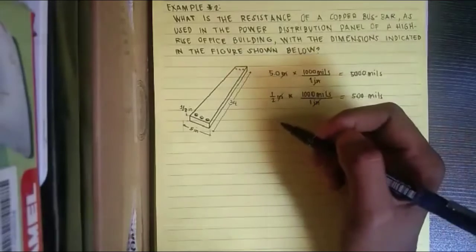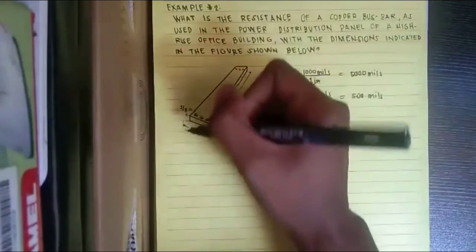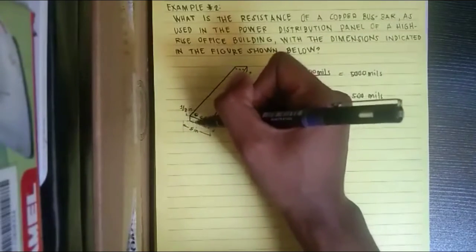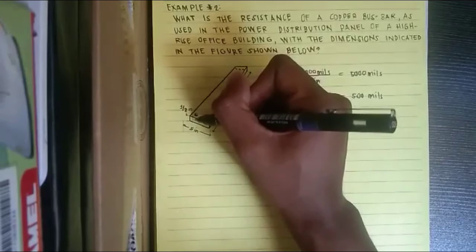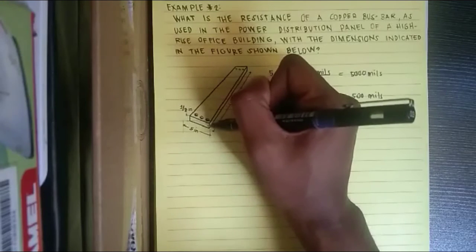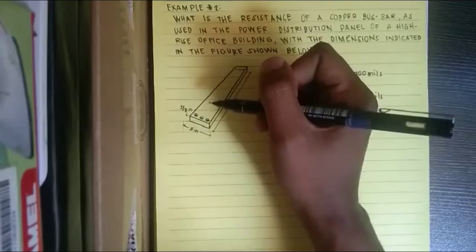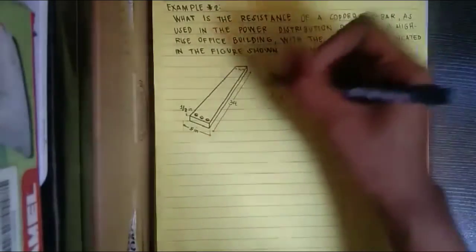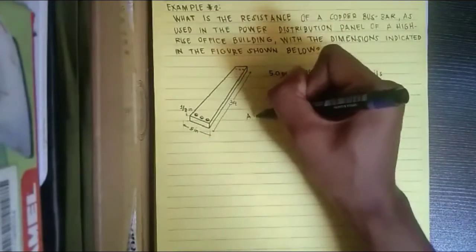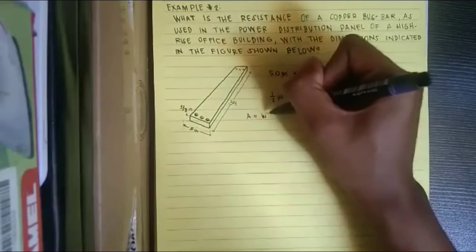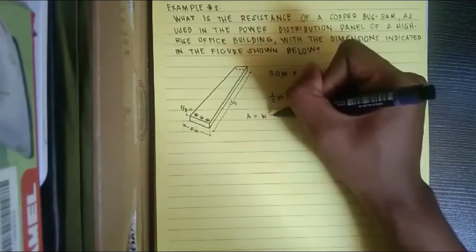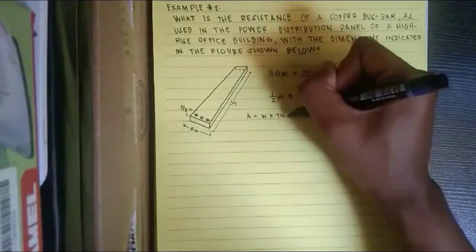So, yung area yung kino-compute natin is itong cross-sectional area na ito kasi dyan dumadaloy ang kuryente. So, magiging formula ng area natin ay width multiply by thickness.